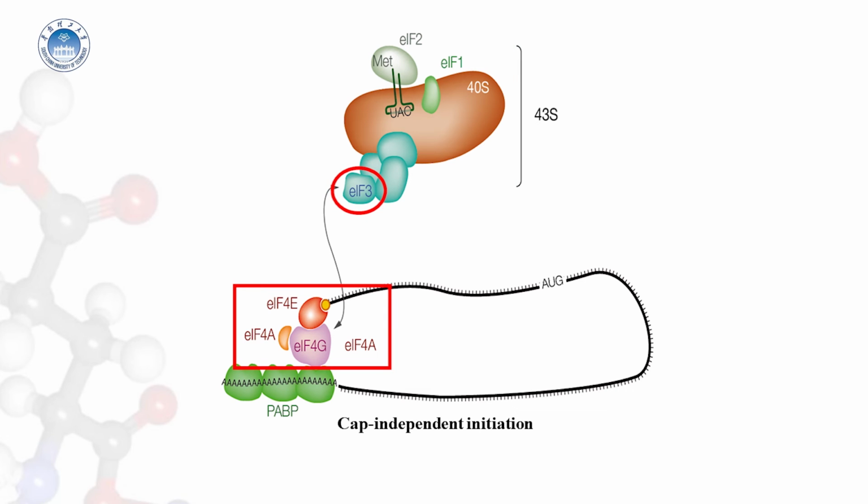eIF3 also interacts with the eIF4F complex, which consists of 3 other initiation factors, eIF4A, eIF4E, and eIF4G. eIF4G is a scaffolding protein that directly associates with both eIF3 and the other 2 components.